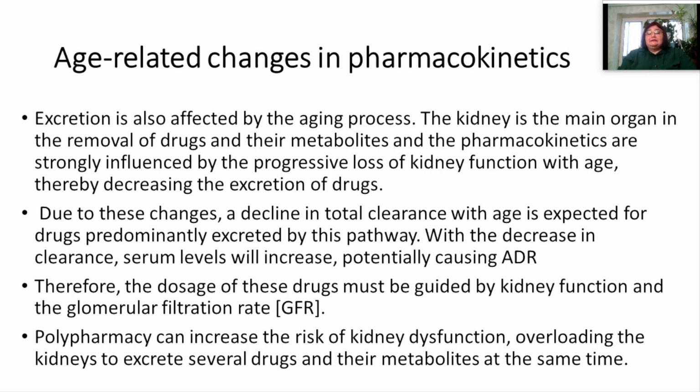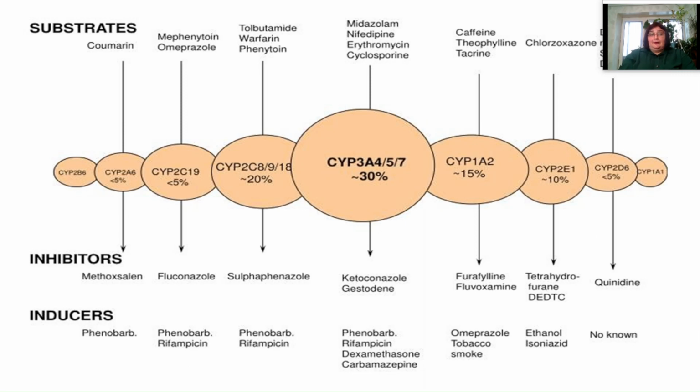With the decrease in clearance, serum levels will increase, potentially causing adverse reactions. Therefore, the dosage of these drugs must be guided by kidney function and the glomerular filtration rate, GFR. Polypharmacy can increase the risk of kidney dysfunction, overloading the kidneys to excrete several drugs and their metabolites.